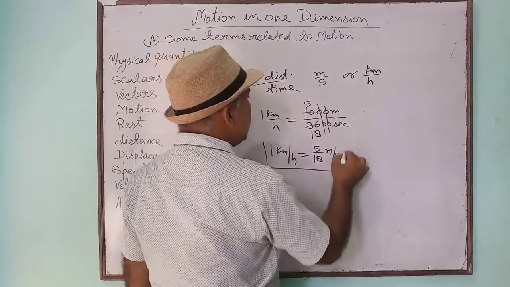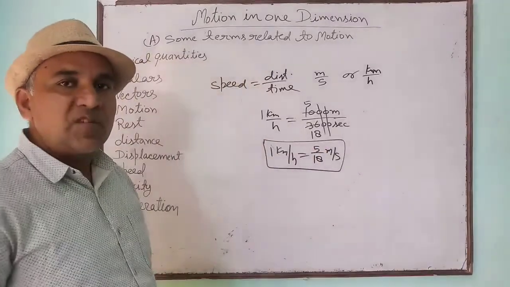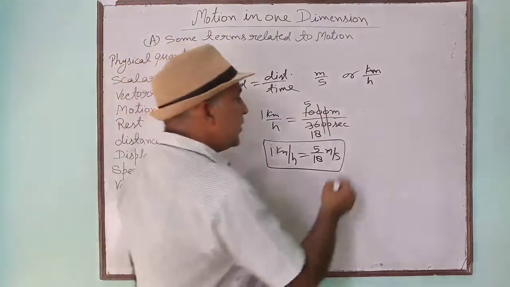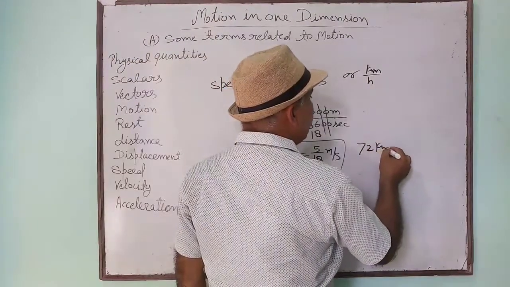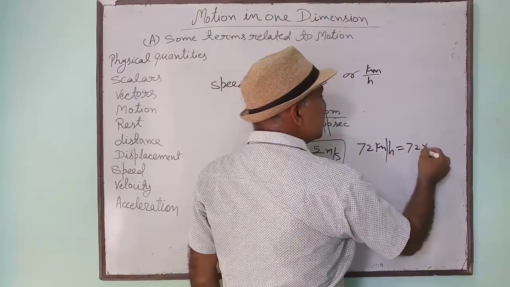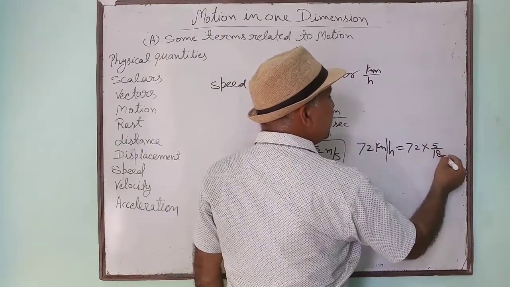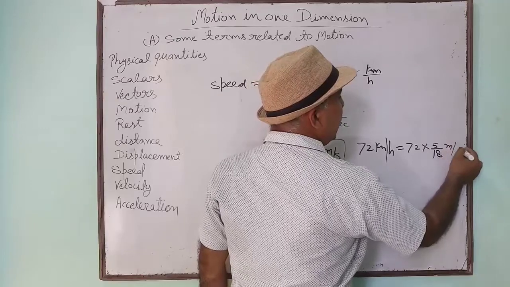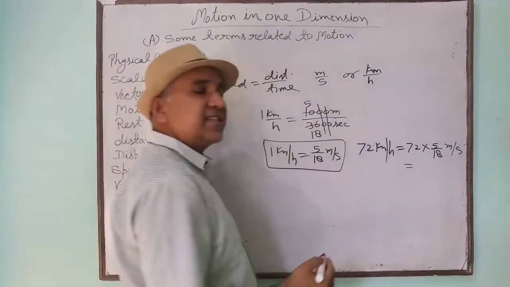This term we will use as a formula. Suppose the question is asking, convert 72 kilometer per hour into meter per second. Then this 72 will be directly multiplied by 5 by 18 and it will be converted into meter per second.